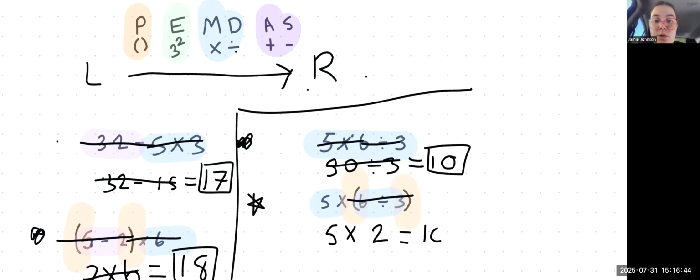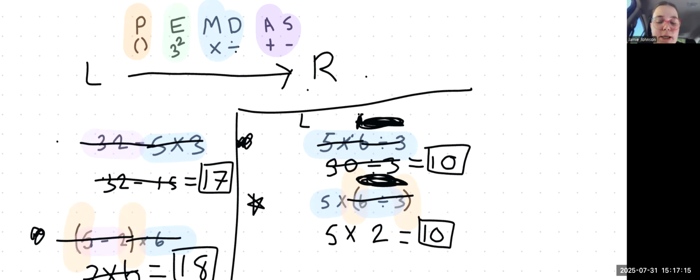Now, what exactly did we do different between the top one and the first one? Well, the top one, we started here. We started on the left. And then we did this section here. On the bottom one, we did this section first. Right?